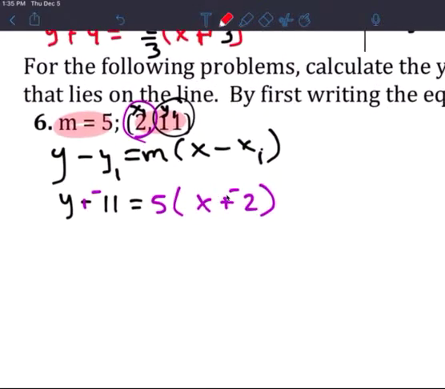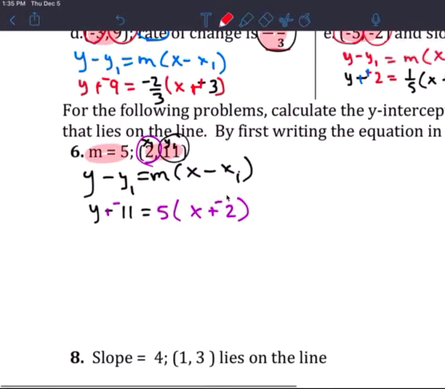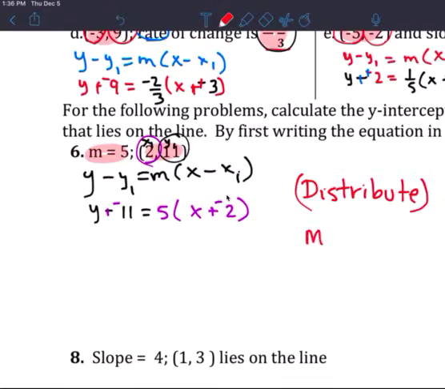So the two new steps that you need to learn are this. You're going to first distribute parentheses first, and then make 0 on the y side.